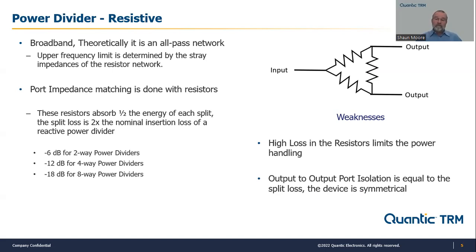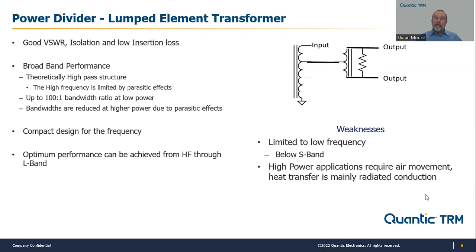Well, I've also heard you speak of a lumped element power divider. Can you explain more about the pluses and minuses of that? Sure. The lumped element power divider is the first of a series of power dividers where we're using transformers to change the impedance. As you may know, you can use a transformer to do a number of jobs in circuits, whether it's increasing voltage or decreasing voltage.